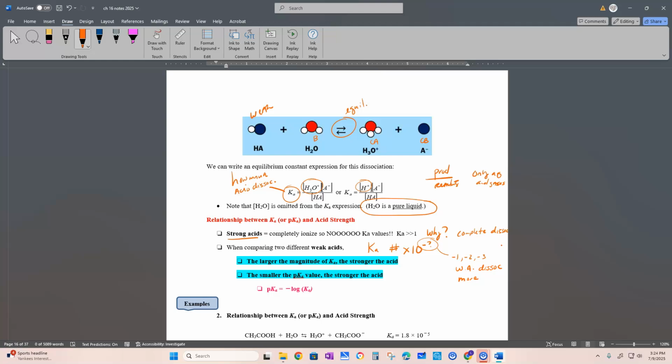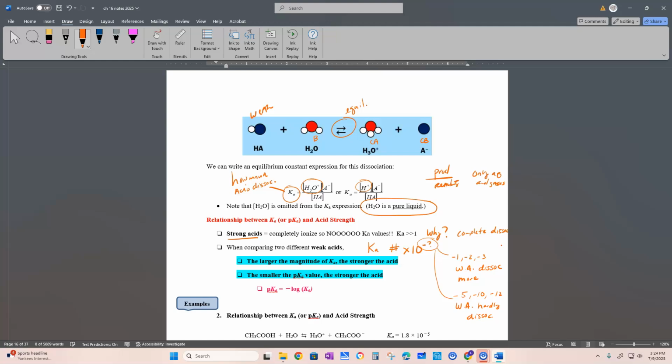But if you have that exponent that's like -5 and -10 and -12, then that means that weak acid hit water, and it wasn't scared of water, okay? Water is actually scared of that acid, okay? So that weak acid hardly, barely dissociated.